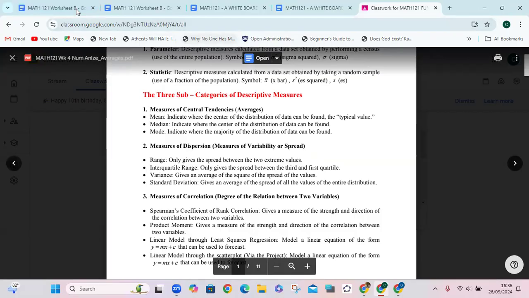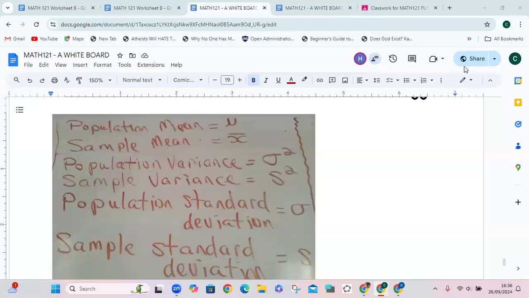The translation requires translating words to symbols. This translation of words to symbols was explained in a prior video. So let's just focus on what we are dealing with right now.